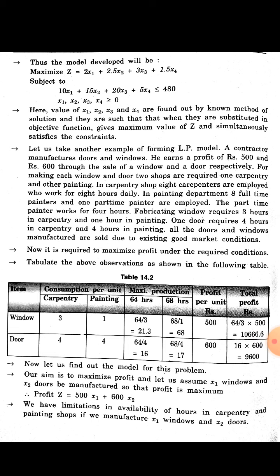The values of x1, x2, x3 and x4 are found by knowing the method of solution, and they are such that when substituted in the objective function they give the maximum value of z and simultaneously satisfy the constraints.